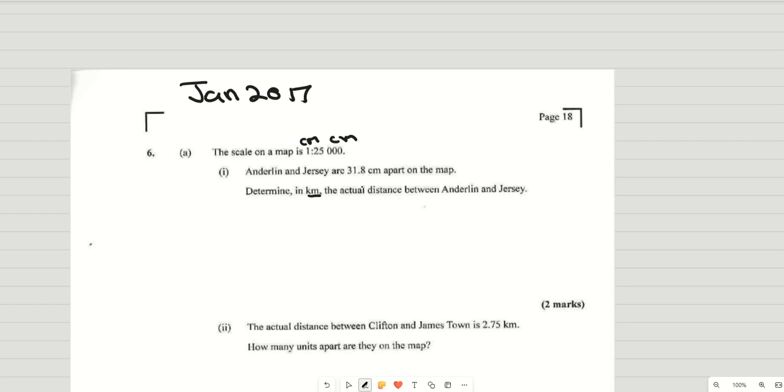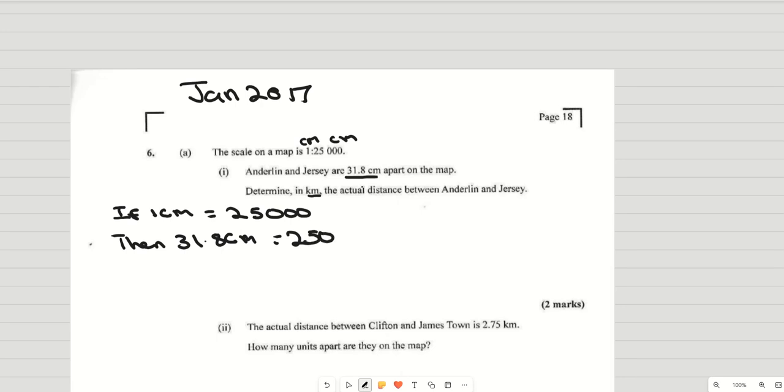So we know if 1 centimeter is equal to 25,000, then 31.8 centimeters would be 25,000 multiplied by 31.8, which would be equal to 795,000 centimeters.